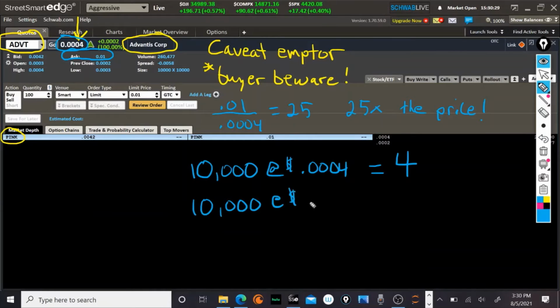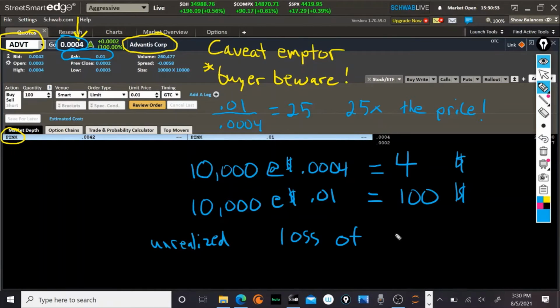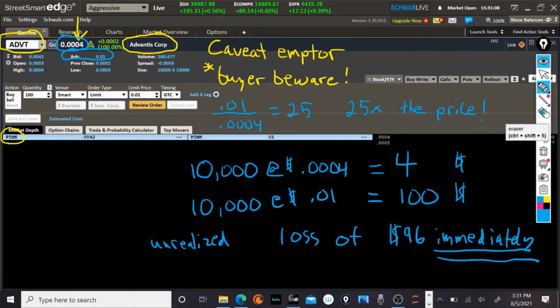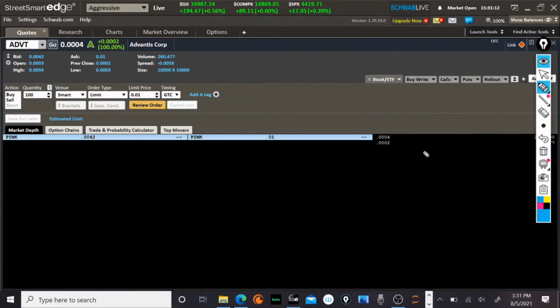But in reality, if you place a market order, you get it at the ask of 0.01 and spend a total of $100. So that's $96 more than you expected to pay. So that's basically an unrealized loss immediately of $96 without even having the chance of a market fluctuation or profit, just because you placed a market order on this security. And so again, this is something we want to avoid.